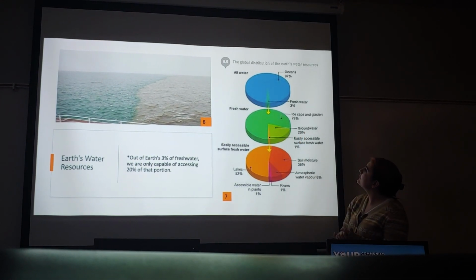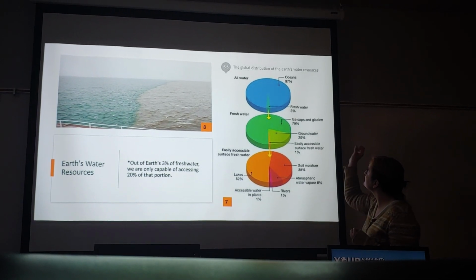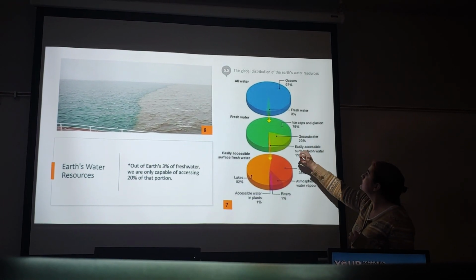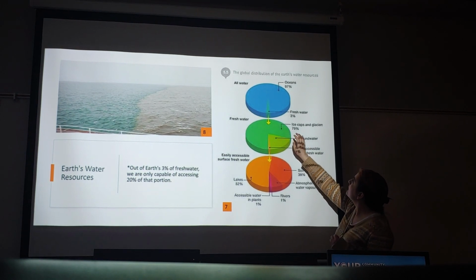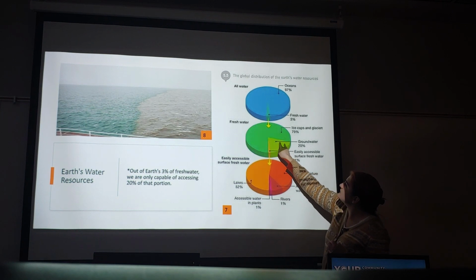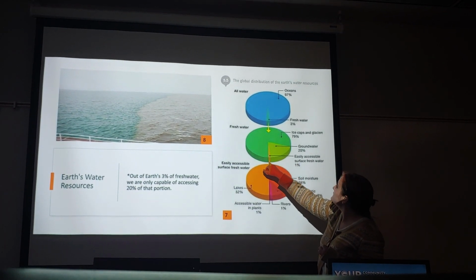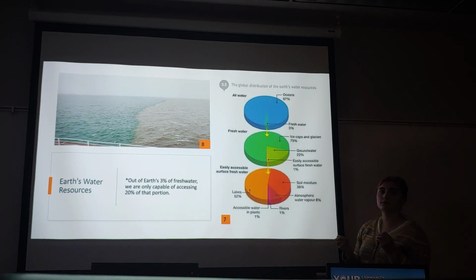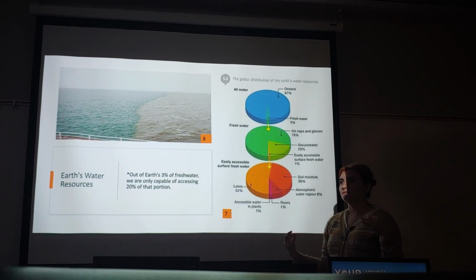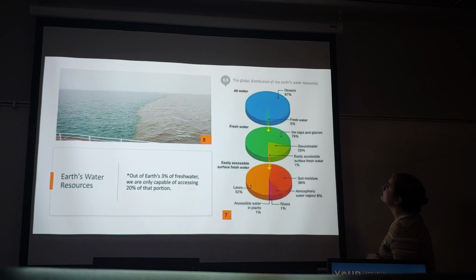Now, the fresh water is divided into 3 categories, based on how it's stored naturally on Earth. This is the ice caps and glaciers. This is the groundwater. And this is easily accessible surface water, such as lakes and rivers, any fluvial streams.